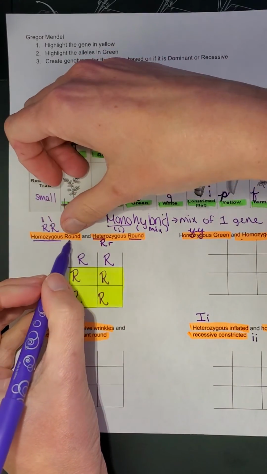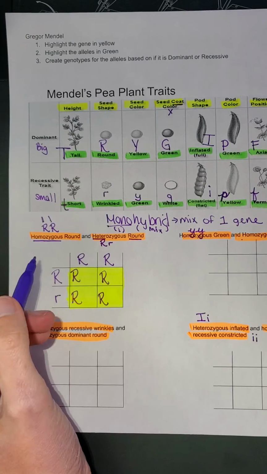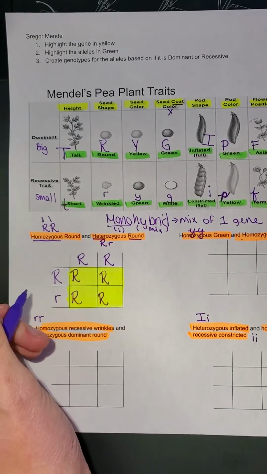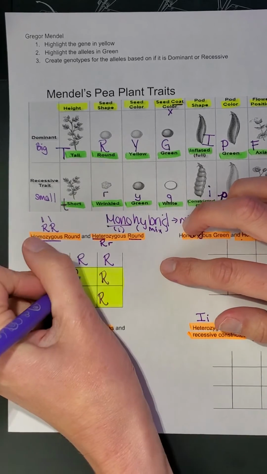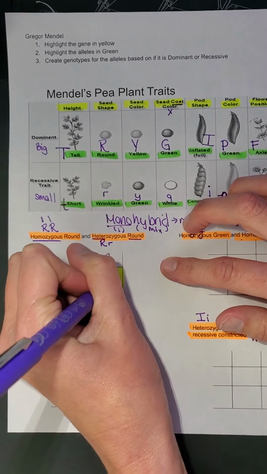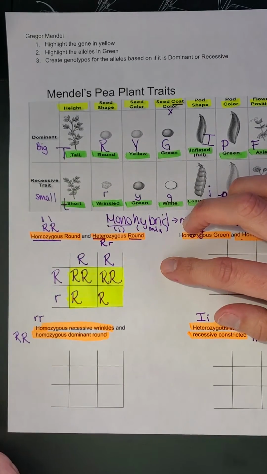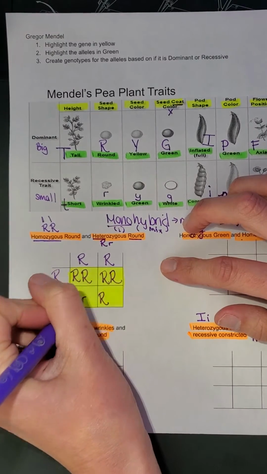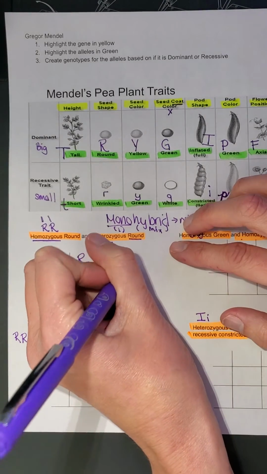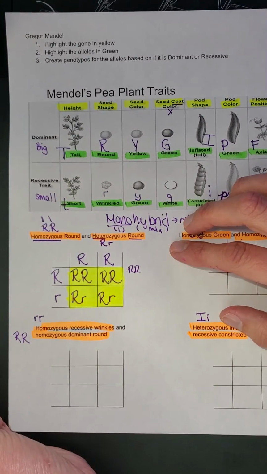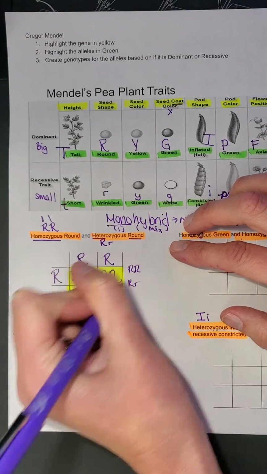Because they were homozygous round, they can't give any other option but a big R. Now this parent over here, they could give a big R, or they could give a little r. So those are their options. So the baby could be big R, or the baby could be big R, little r.